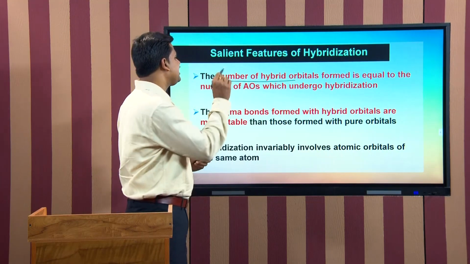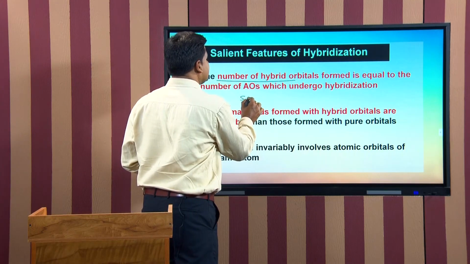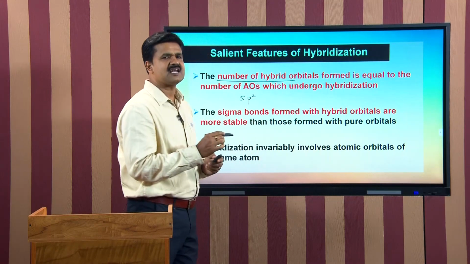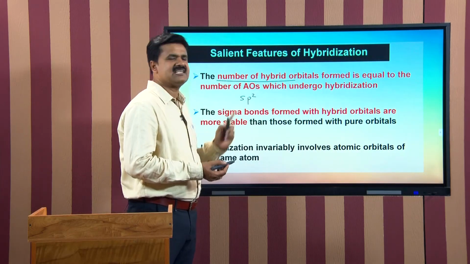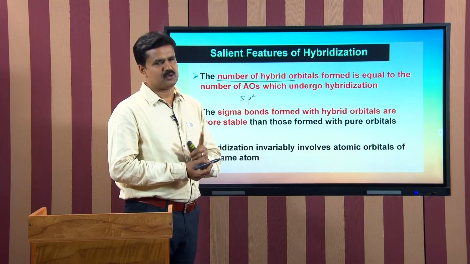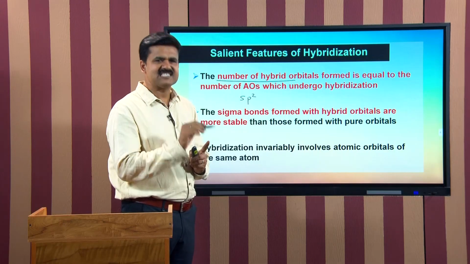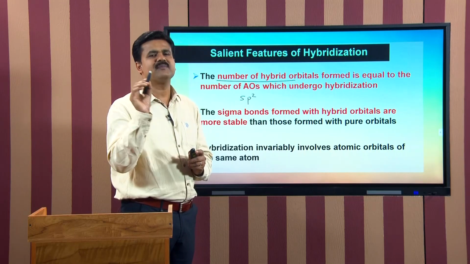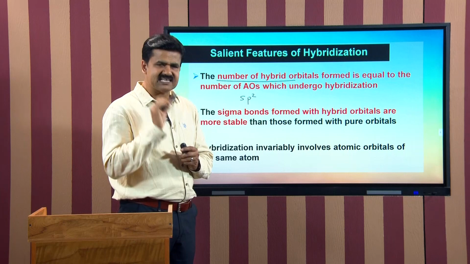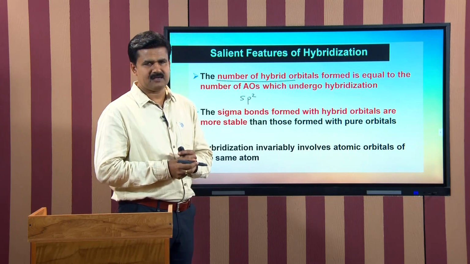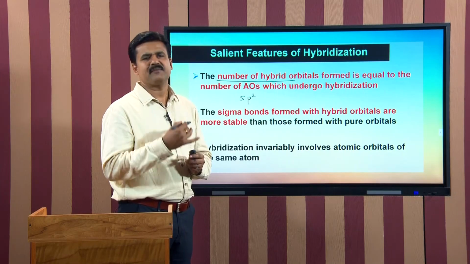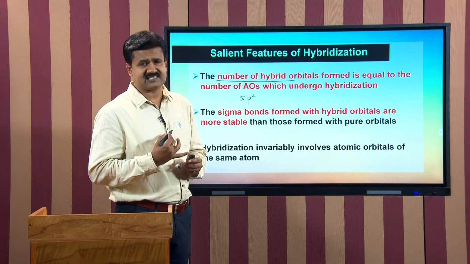In the case of sp2 hybridization, there are a total of 3 participating atomic orbitals. They are one s orbital and 2 p orbitals. So, in this sp2 hybridization, 3 orbitals take part, and as a result, we are getting 3 sp2 hybrid orbitals. Suppose we are taking another hybridization, that is sp3d hybridization.